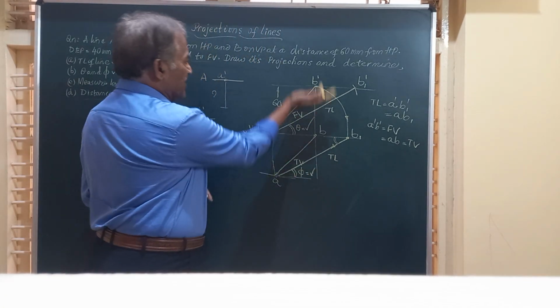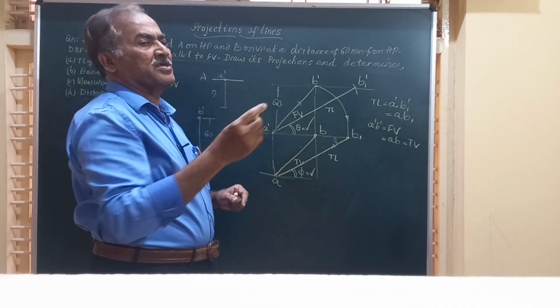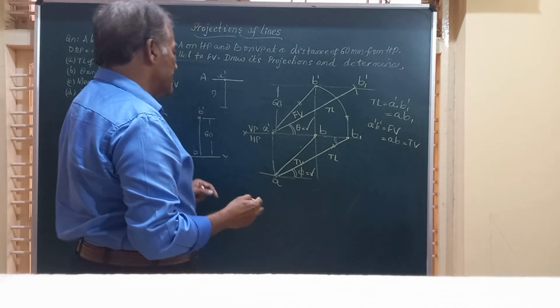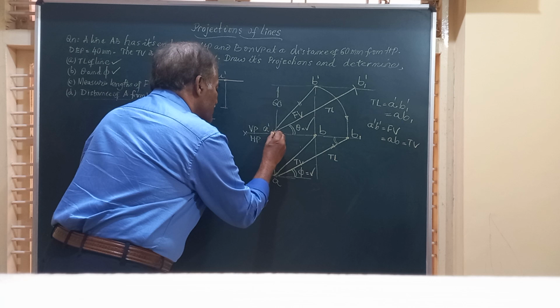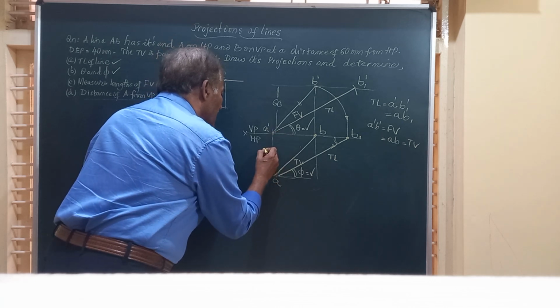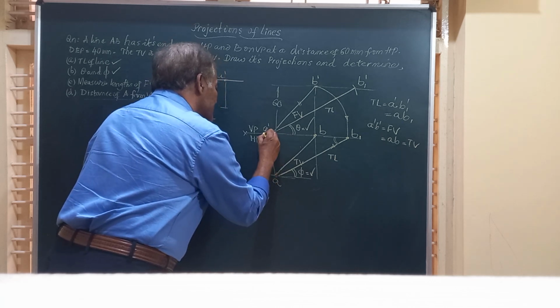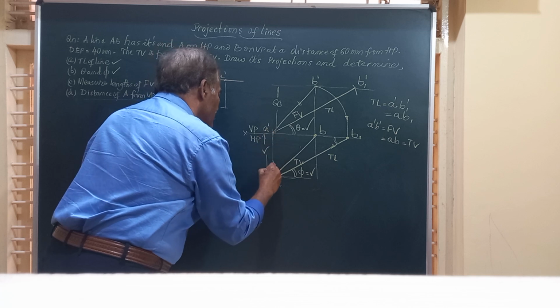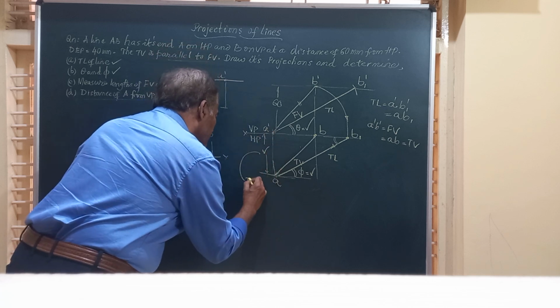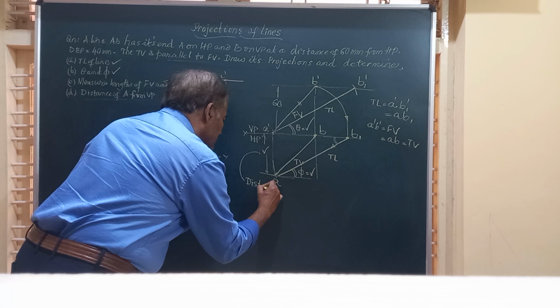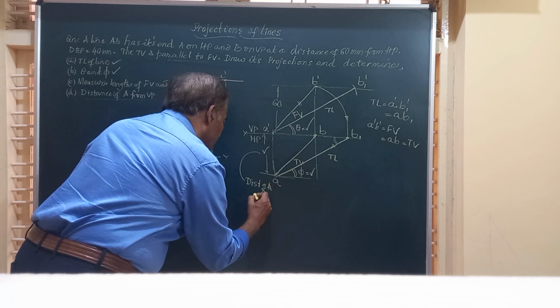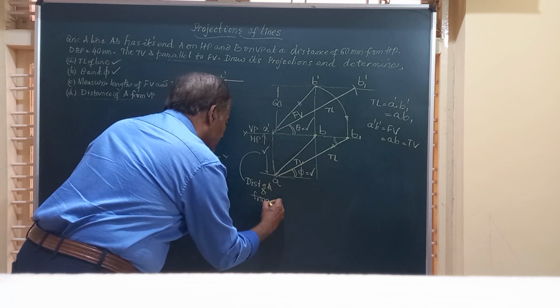Any distance from HP or above HP is marked above the XY line. Friends, you can just keep a square between A dash and A and find out what this distance is. That will give you the distance of A from VP.